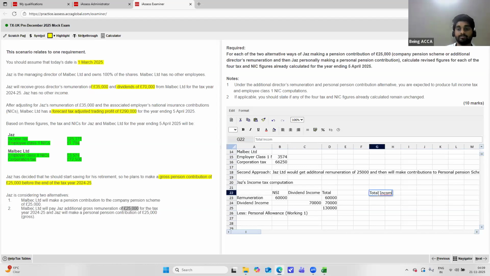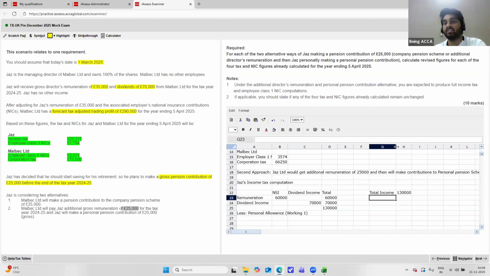Total income. How much is the total income? It is 130,000. But how do we calculate our adjustment to personal allowance? It will always be based on the adjusted net income. So how do we calculate adjusted net income? It is total income less gross pension contributions and less gross gifted donations.